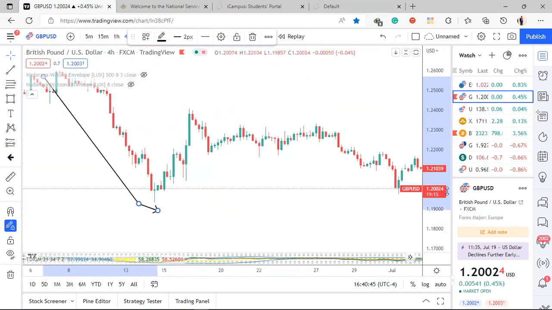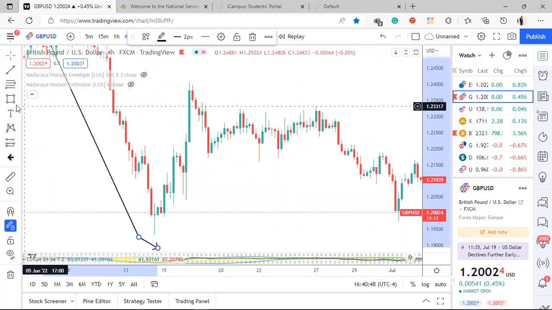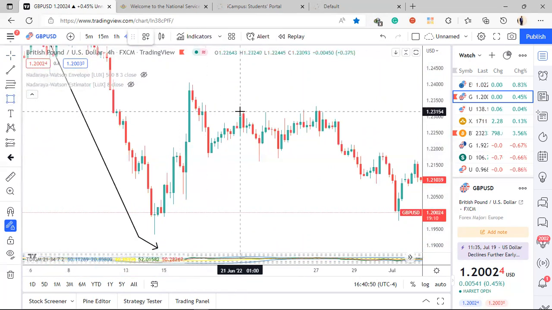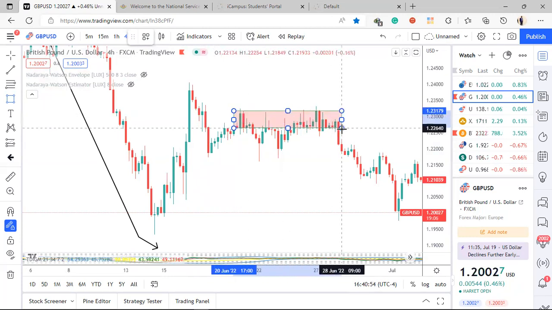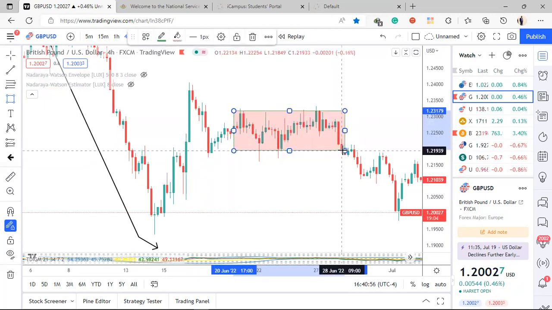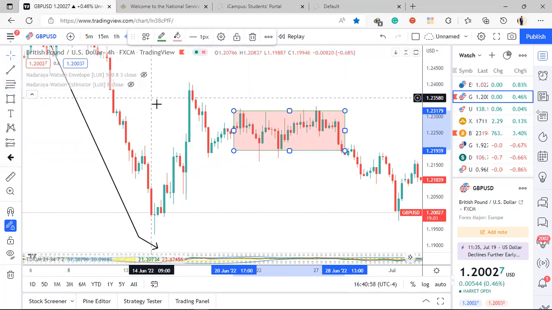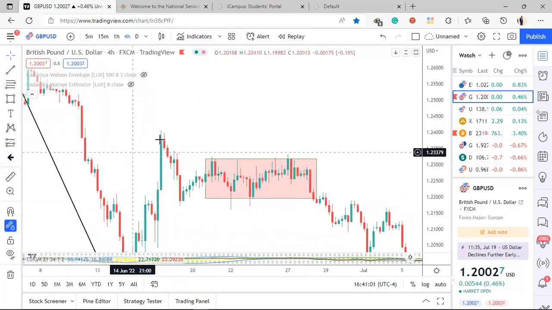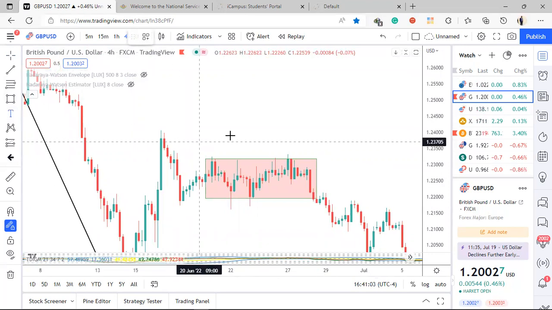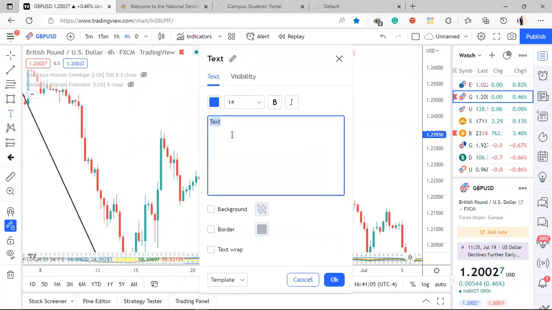Then when we talk of a ranging market, from here to here, this is a ranging market or a consolidating market. So here we say the market is ranging, or the market is consolidating, or the market is choppy.